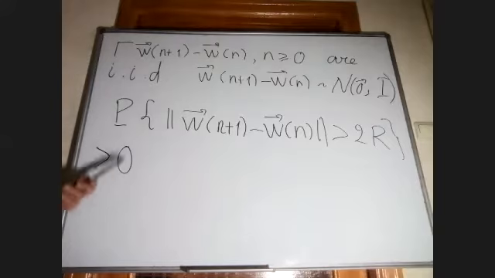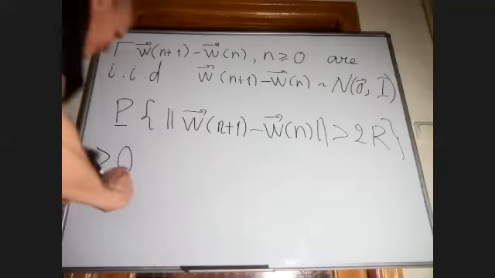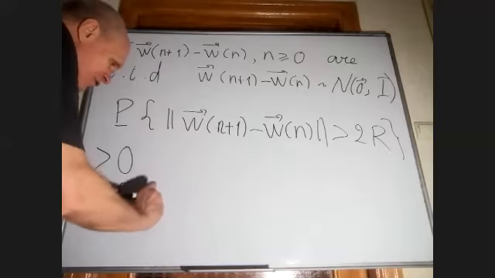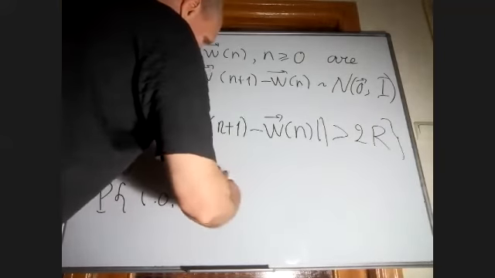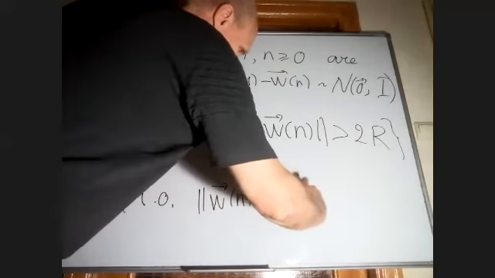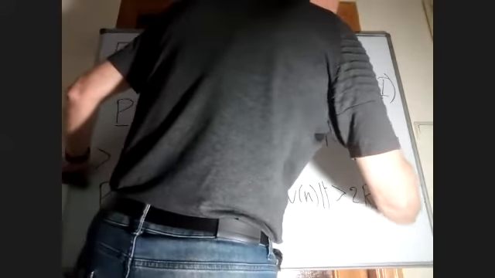Due to this, we have such a statement. Now, let's recall that they are independent. So from the Borel-Cantelli lemma, it follows that the probability that the norm is greater than 2r infinitely often is equal to 1.